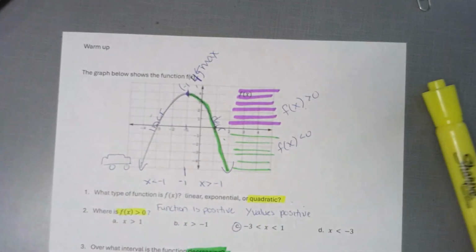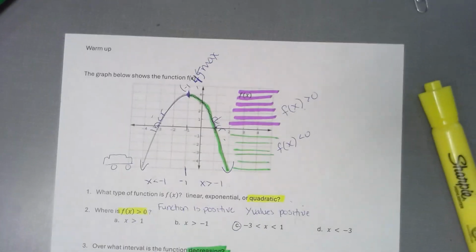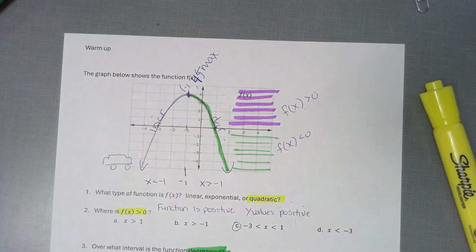Okay, domain. What x values are contained on this graph? I'm going to explain it different than I did yesterday. If you have an imaginary sweeper that's sweeping across these x values, notice how my arm is sweeping across these x values. Anywhere there's a graph, those are x values. So y'all, if you notice, the first thing I hit is an arrow.